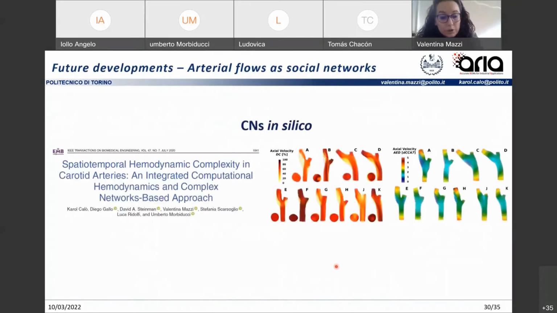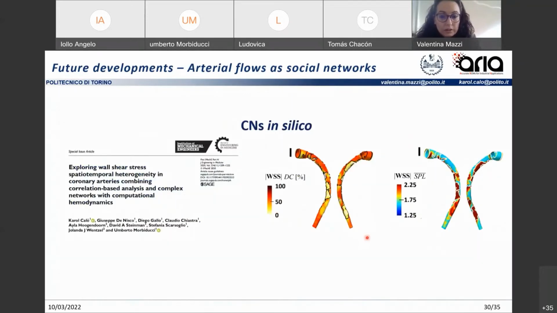This methodology using complex networks has already been applied in recent studies from our team. For example, we used complex networks to characterize hemodynamics in personalized CFD models of carotid bifurcation and also coronary arteries.